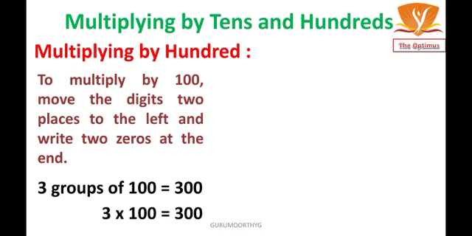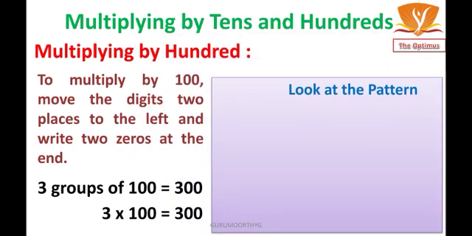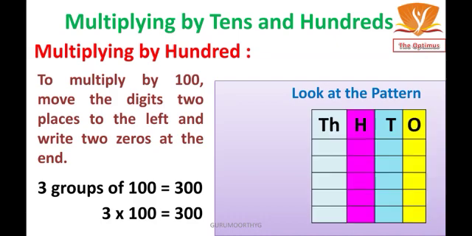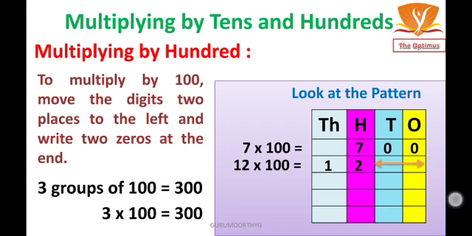Same way, look at the pattern. 7 into 100 equal to 7 hundreds. 12 into 100 equal to 12 hundreds. That means 1200. 46 into 100 equal to 46 hundreds.